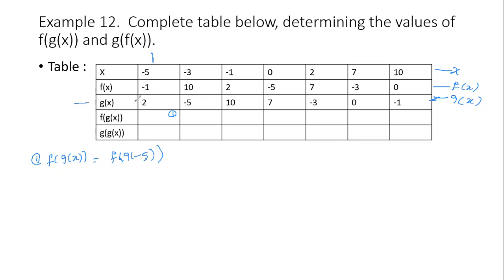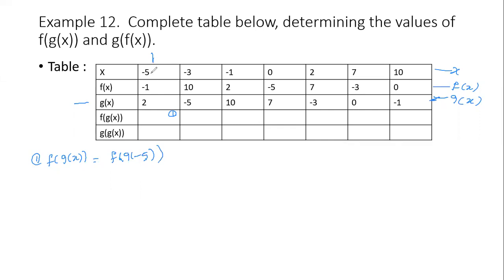To find g of -5, we have to go to g and find x where it is -5, the same column.